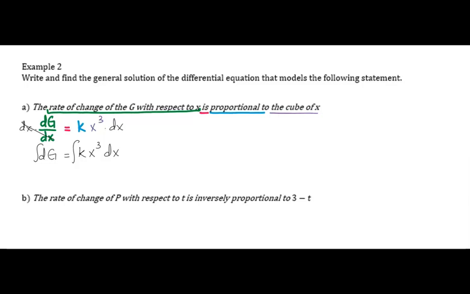The integral of dg is just simply capital G. And then on the right side, the integral of kx cubed, I'm going to increase my exponent by 1, so I now have x to the 4th. And I'll divide by my new exponent of 4. The constant of k stays in front, and we have our constant of integration c. So we have found that the function g of x is equal to k x to the 4th divided by 4 plus c.